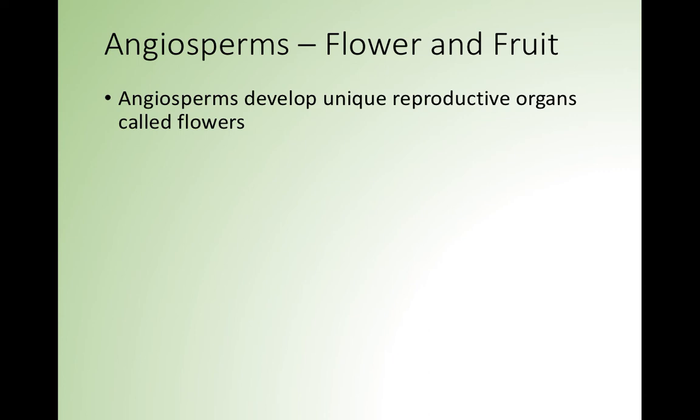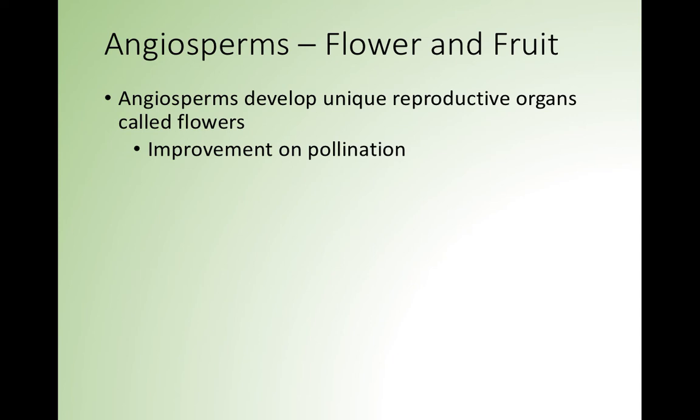That's their unique characteristic. And so flowers are of benefit because they will attract things like insects and small birds, like hummingbirds, attract those organisms to the areas where you would find pollen, where you'd find those male gametophytes.